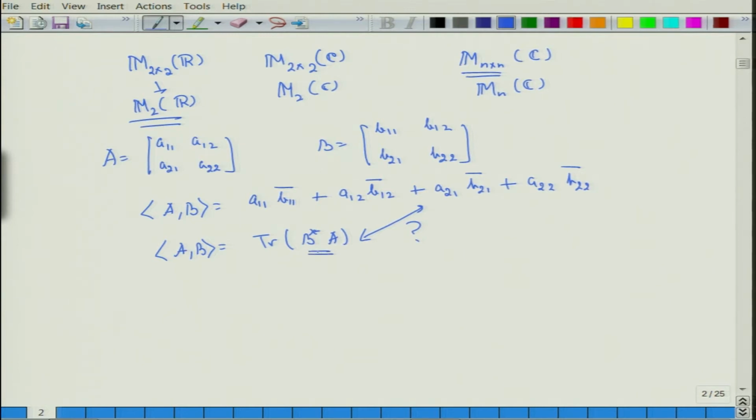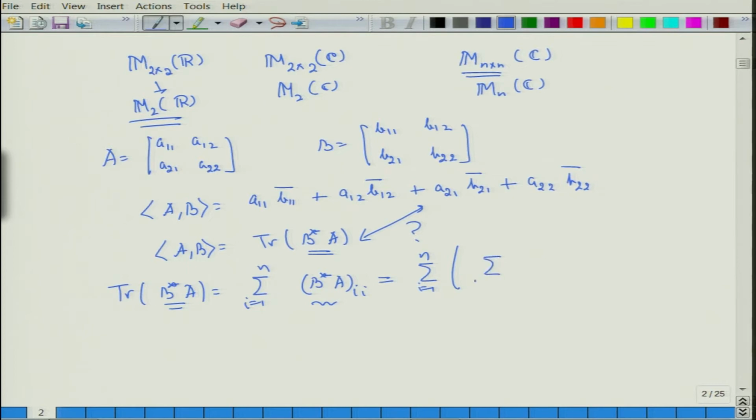So let us look at what is trace of B star A. So trace of B star A is nothing but, what was the trace? Trace was sum of the diagonal entries. So it is same as i going from 1 to n, B star A ith entry, which is same as i going from 1 to n. Now what is this entry?